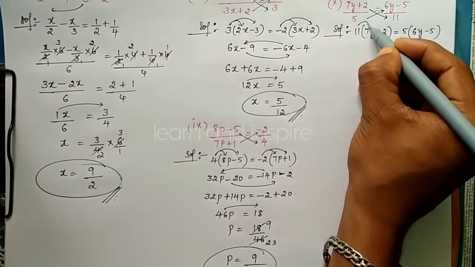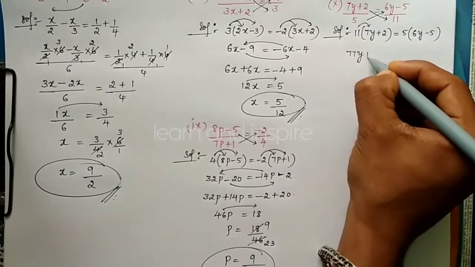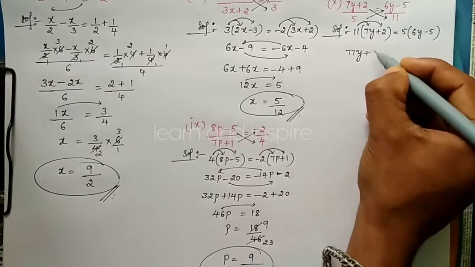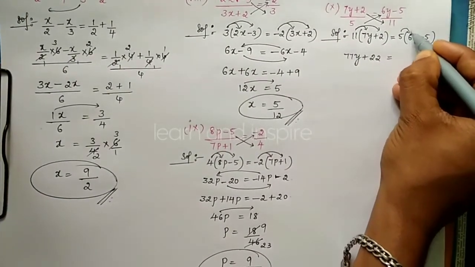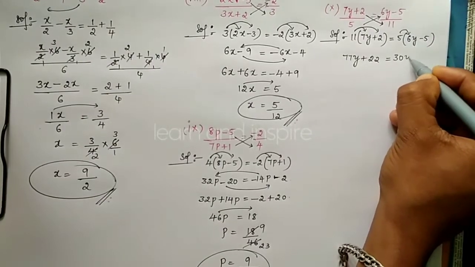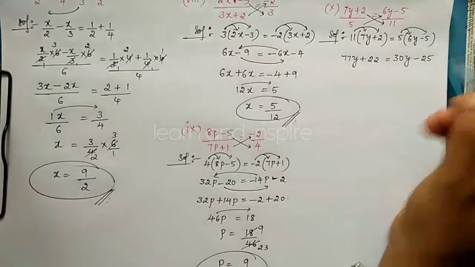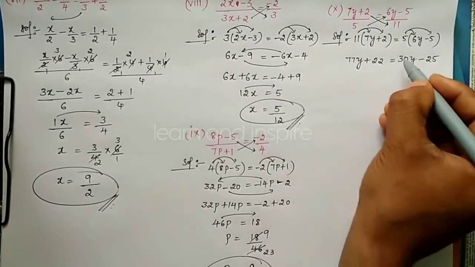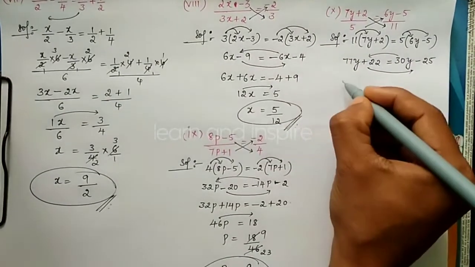Now we multiply 11 into 7y is 77y plus 11 2s are 22 is equals to 5 6s are 30y minus 5 5s are 25. Okay, now transposing the variables to LHS and the constants to RHS.